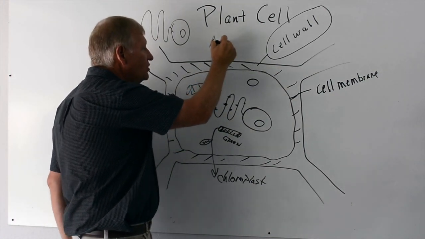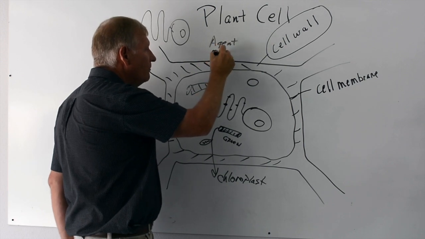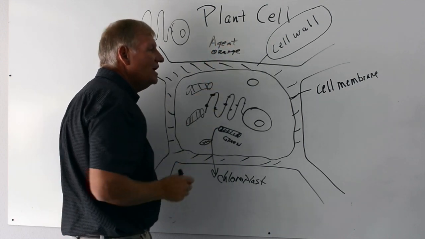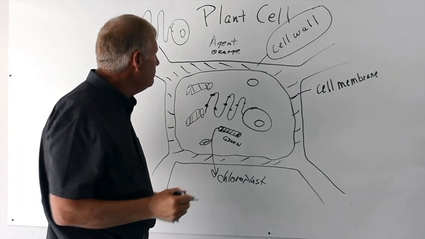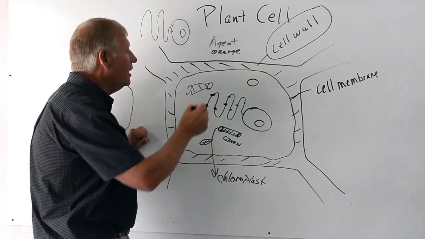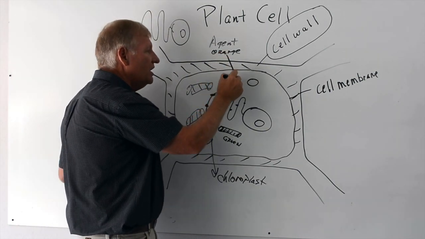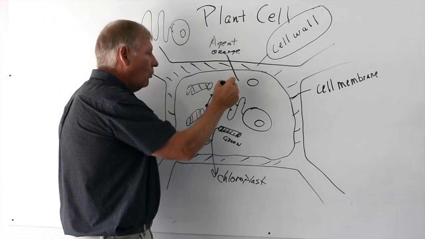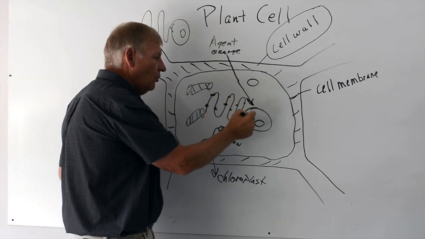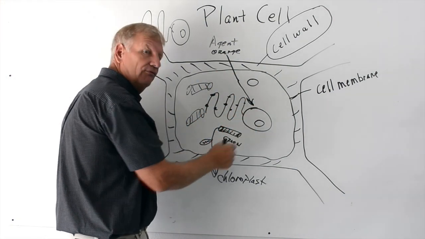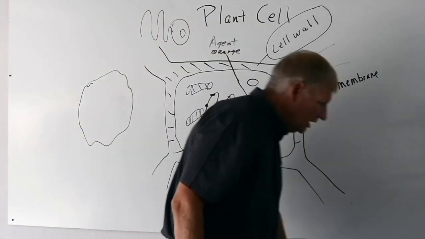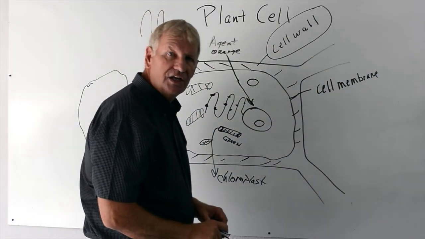So this is called Agent Orange. Agent Orange was this chemical, okay? What could the chemical do? It was strong enough to penetrate the cell wall and go in and do what? It actually dissolved the nucleus. Isn't this crazy?